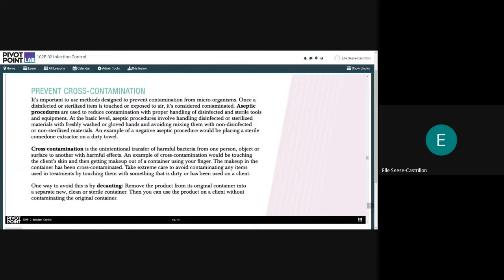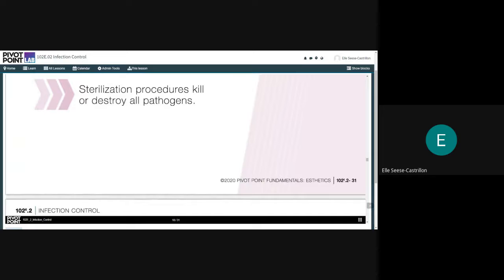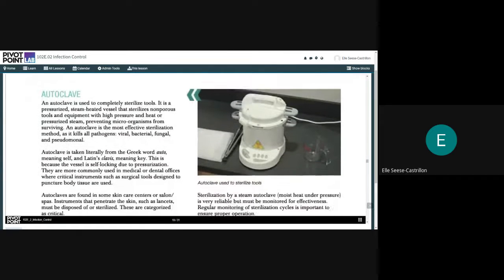One way to avoid this is by decanting. This process is removing the product from its original container into a separate new clean or sterile container, and then using the product on the client without contaminating the original container. Sterilization procedures do kill or destroy all pathogens.